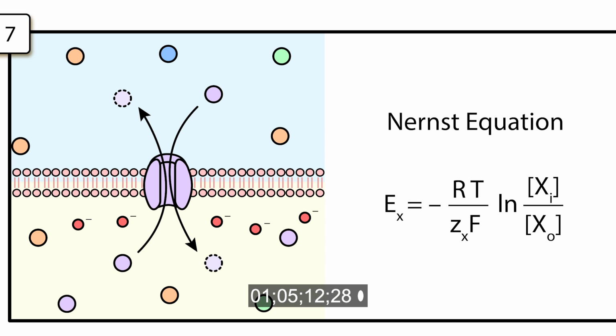That equilibrium, E, is modeled as a potential in millivolts. So the electrical potential at which potassium efflux and influx are equally probable is known as the equilibrium potential for potassium. And it can be calculated using this equation.